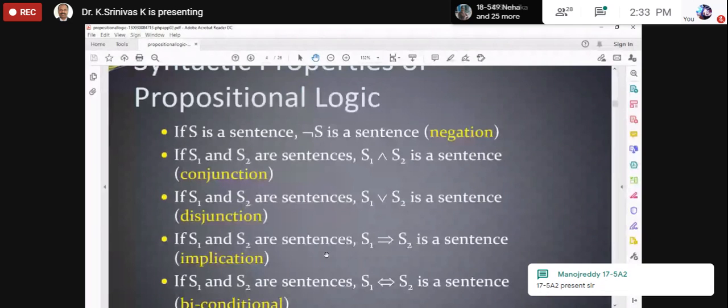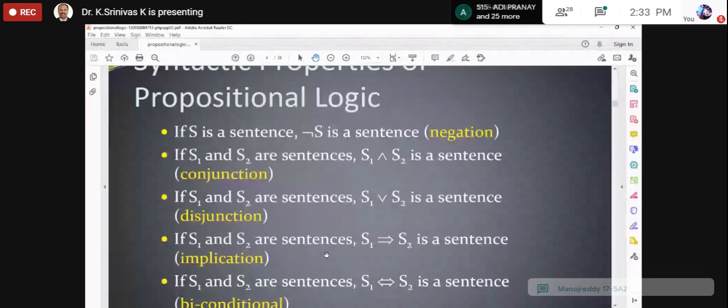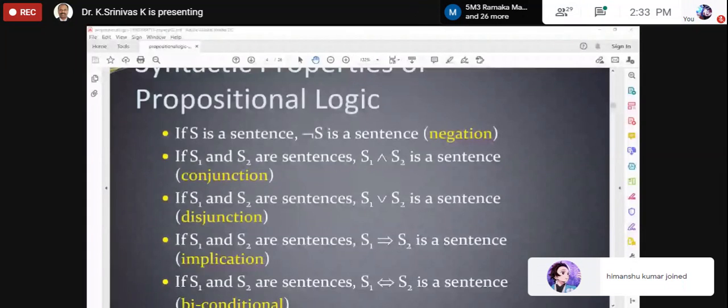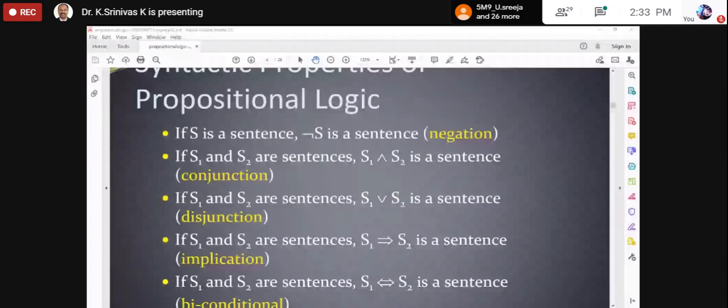I'll tell you the example, conjunction example. Nowadays, you have attended the examination, that is annual examinations, final examinations. S1 and S2 are the sentences.